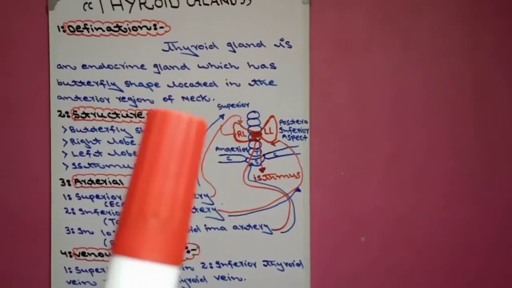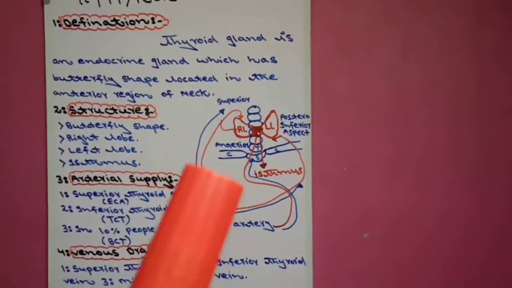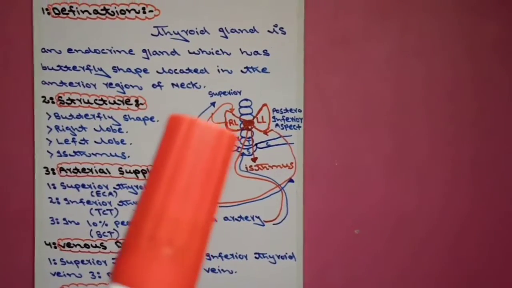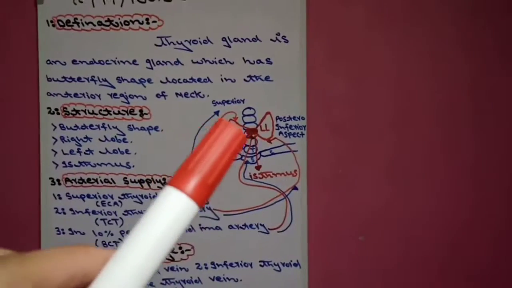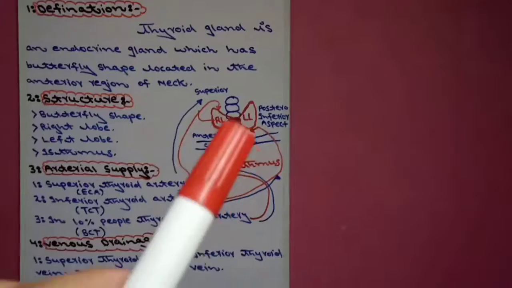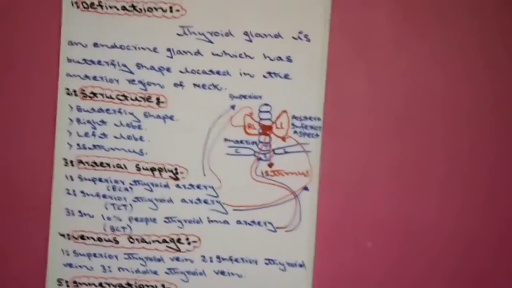The thyroid gland looks like a butterfly because the lobes look like the wings of a butterfly.